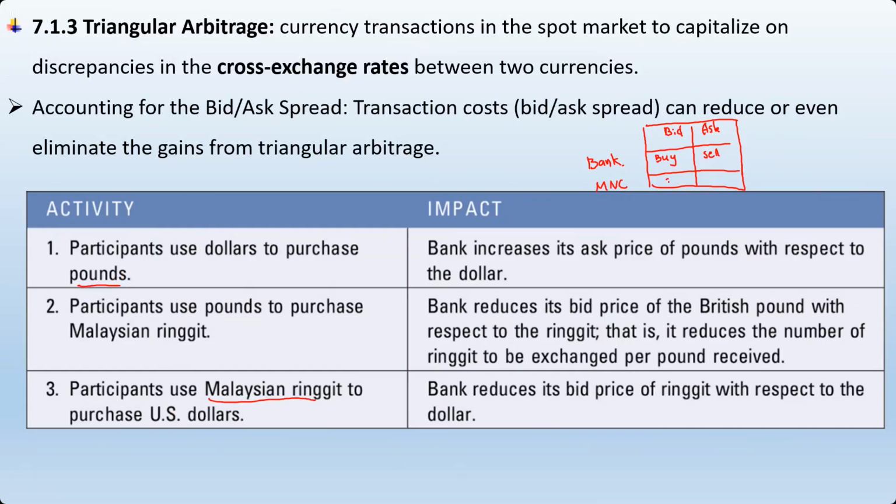The multinational corporation is going to sell at bid and buy at ask. But for cross exchange rate, remember, cross exchange rate is A's value in B, or A's value with respect to B.